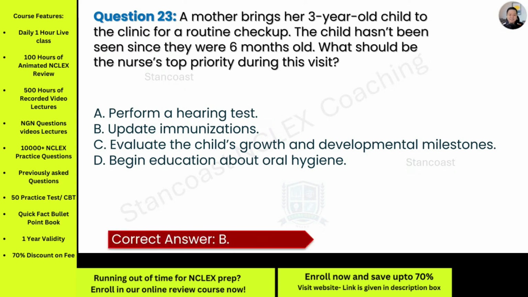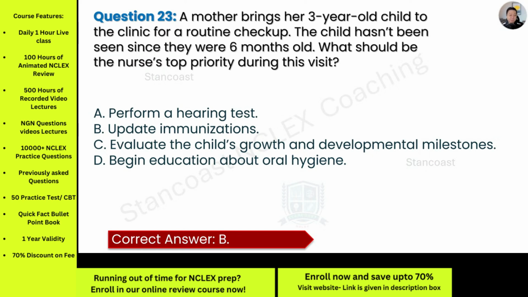The answer here is letter B, because ensuring a child's immunization is current is a fundamental nursing priority, especially if their vaccination status is uncertain due to gaps in the healthcare visits. Now, if you selected letter A, performing a hearing test, we know that this is important, but not an immediate concern compared to the immunizations.